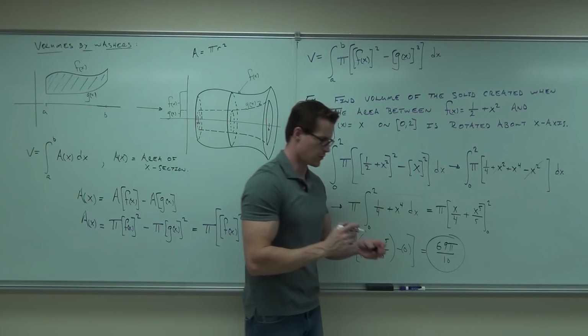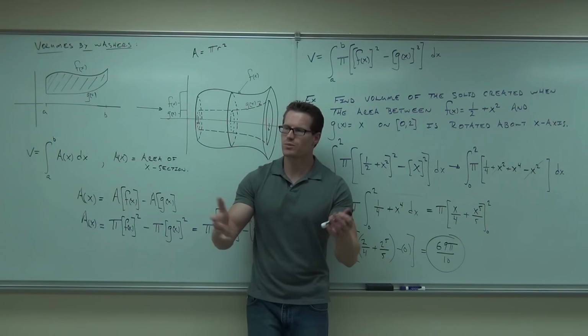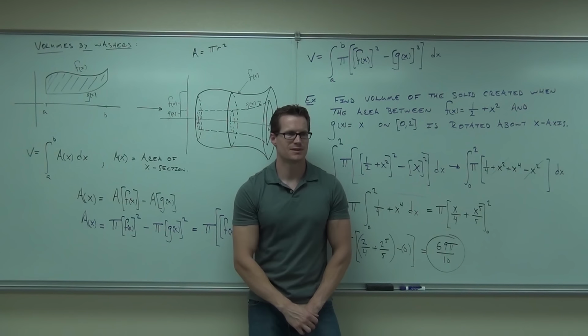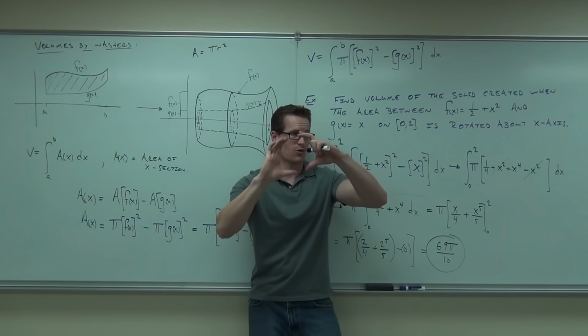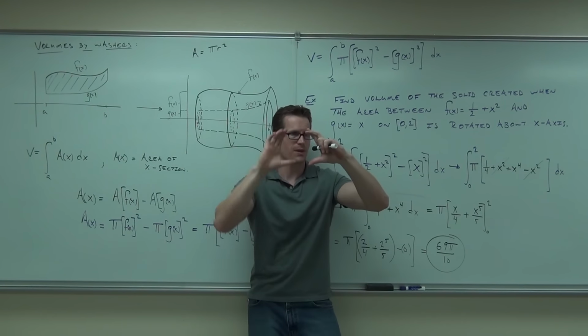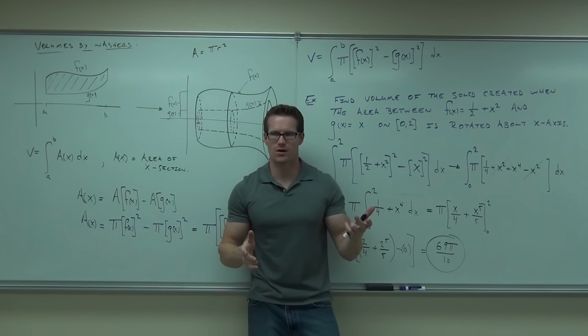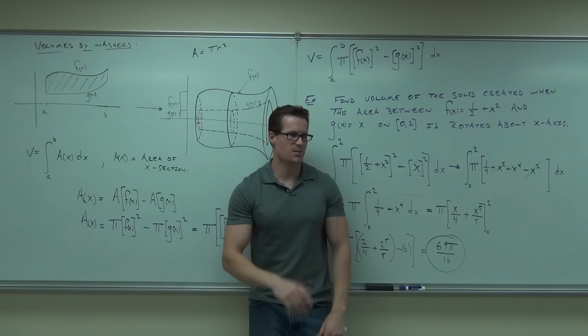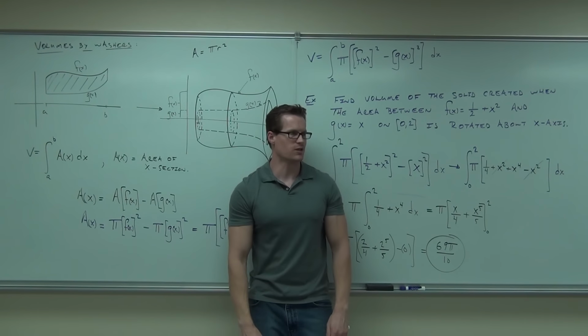I think your calculator will do that for you, but 69 pi, don't forget the pi, 69 pi over 10. What did we just find? It's kind of cool. We actually found the volume of some solid, as long as you know the function on the top and the bottom, some solid revolved around the x-axis. We found out how much concrete you'd need if you were going to pour this out of concrete. 69 pi over 10 yards or feet or whatever, cubic feet, I suppose.